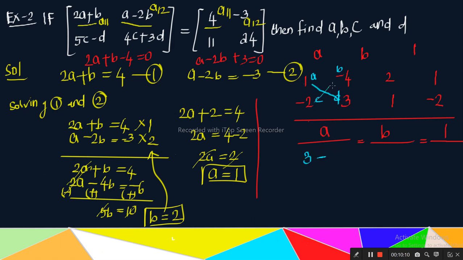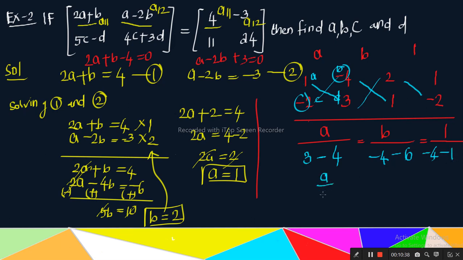Minus 2 twos are 4. Minus into minus is plus, so 4. This is minus of this formula, ad minus bc. 4 ones are 4, minus 3 twos are 6. 2 twos are 4, plus, and minus into minus, minus 1 times 1 is 1.